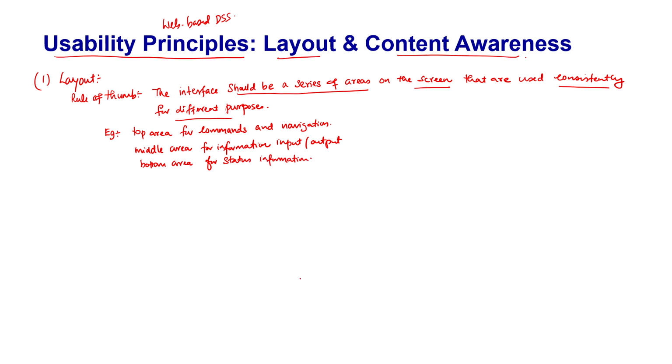So, this is an example. If you take a screen, we are talking about the top, middle and bottom. Once you decide this is what it is going to do, then it has to be consistent throughout the entire design of the system.